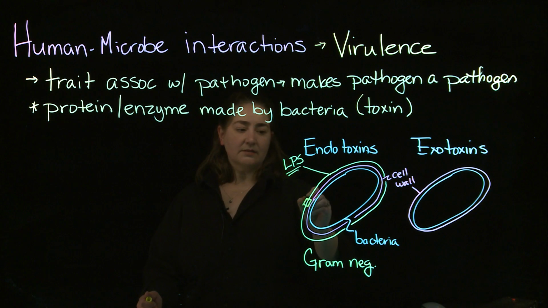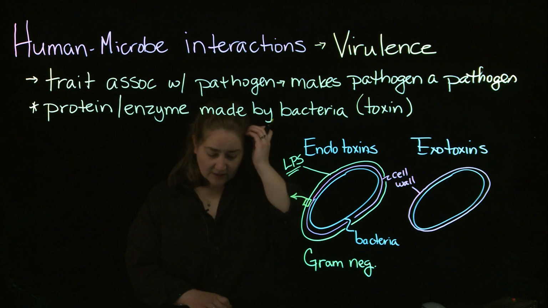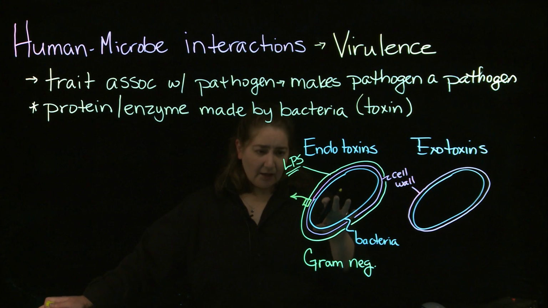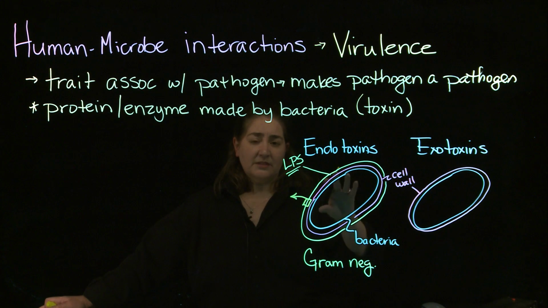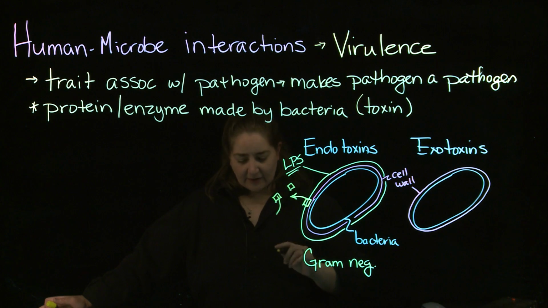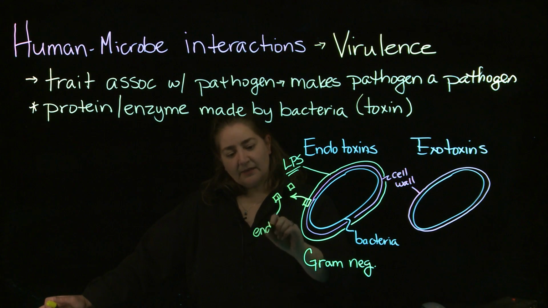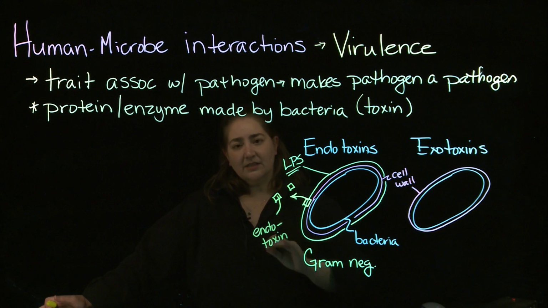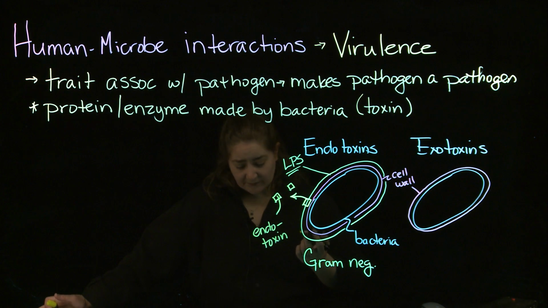What happens as that bacteria infects you, the host, your immune system comes in and starts destroying some of that gram-negative bacteria. In destroying that gram-negative bacteria, it's releasing part of the LPS, that lipopolysaccharide, and that lipopolysaccharide is our endotoxin. This is actually the part of the gram-negative bacteria that'll make you sick.